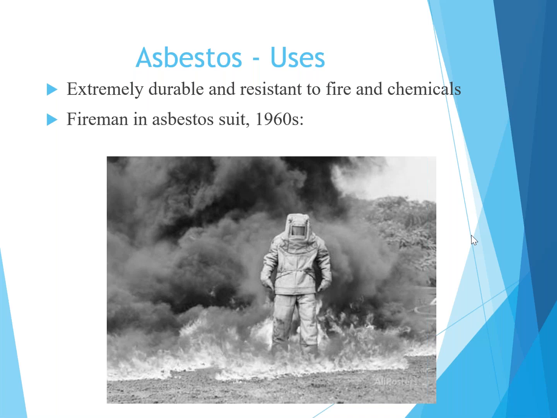So, asbestos in modern society: again, it's extremely durable and resistant to fire and chemicals. You have a picture here on your slide of an actual fireman in an asbestos suit, and this is from the 1960s. So as recently as the 1960s, asbestos was used predominantly even in such applications.